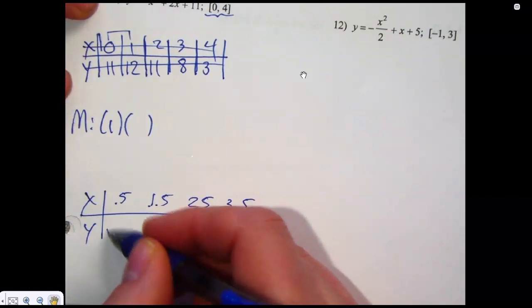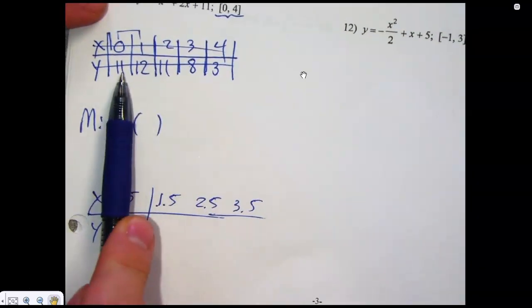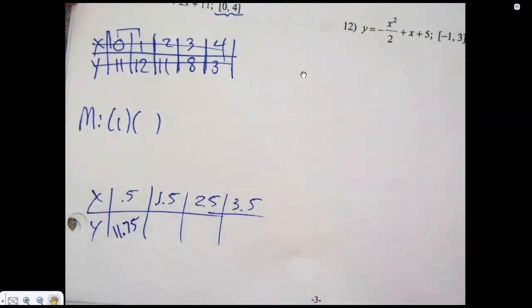Did you guys see 11.75? So that's what I mean. If you just looked at this and said, oh well, right between 0 and 1 is 0.5, so right between 11 and 12 is 11.5, it wouldn't work. So this is a parabola, right? It's not going to be a constant difference. It's going to be different rates because it's curving.